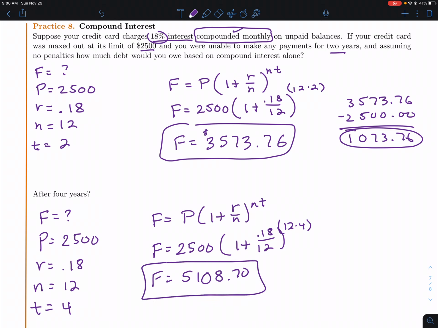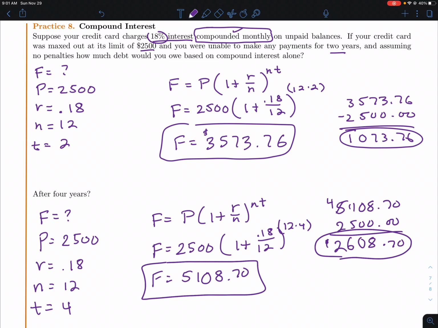Again, if we wanted to figure out how much interest we were actually getting charged, in just 4 years, again assuming we didn't make any payments, we're actually paying more in interest than we did for whatever we had purchased, which is a little bit scary.